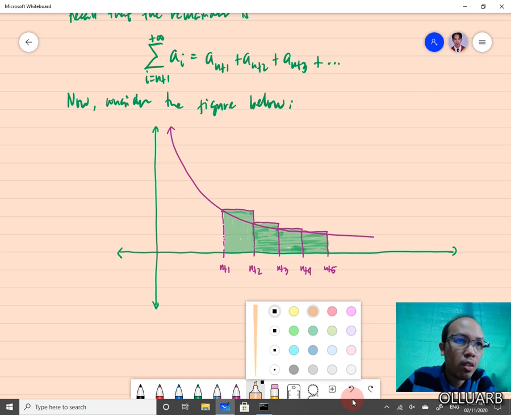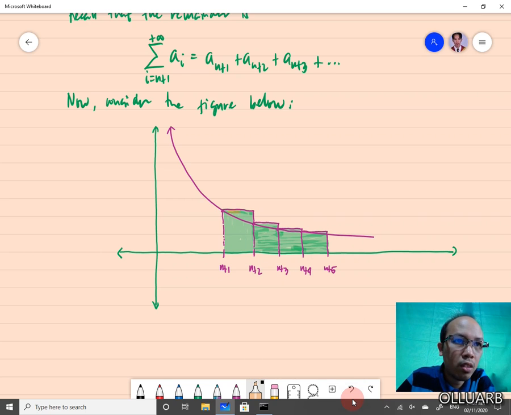This area here above the graph is not included in the area under the curve when you start at the point n plus 1 up to positive infinity.